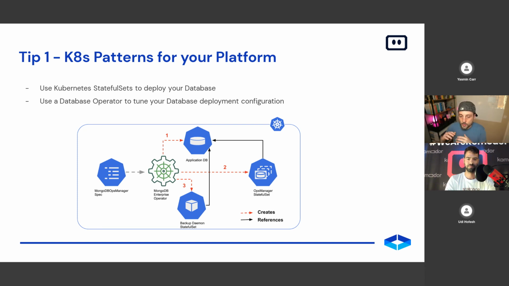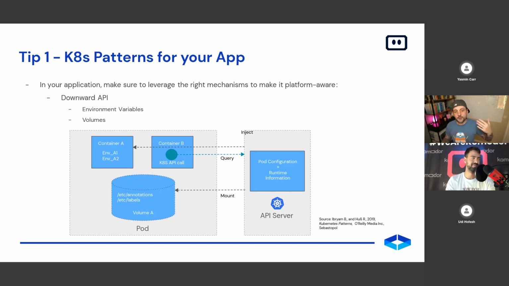Like MongoDB itself will be a first-class object in Kubernetes. And the way you configure and interact with MongoDB then is by using a declarative format, which will be YAML, right? That's pretty easy. So yeah, just use an operator. Don't do it yourself.